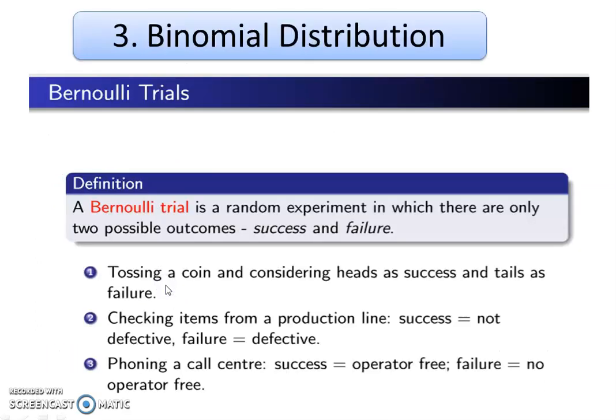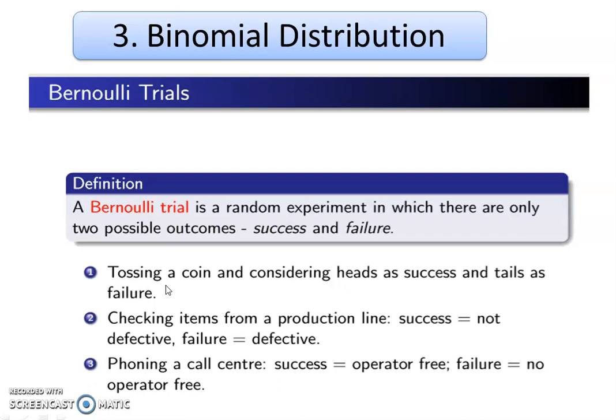Before knowing what is binomial distribution, we need to have a look at Bernoulli trials. It is a random experiment in which there are only two possible outcomes, success and failure. Examples: tossing a coin, you have only two possible outcomes, head and tail.